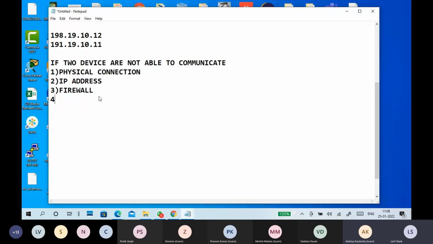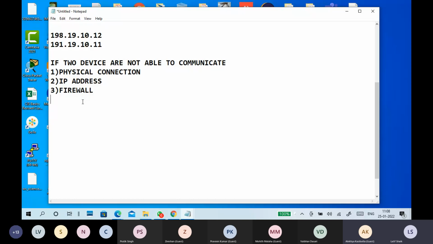Of course, when you are checking the physical connection, make sure that both the devices are connected. Both the devices must be on. That is very important. Physical connection means not just a wire connection; make sure the devices are on. Like I have a laptop, make sure the laptop is on.